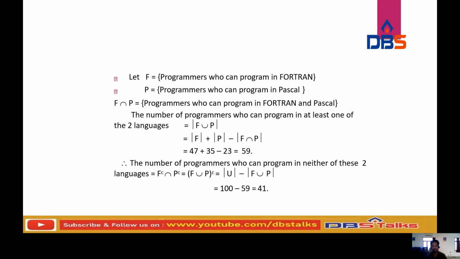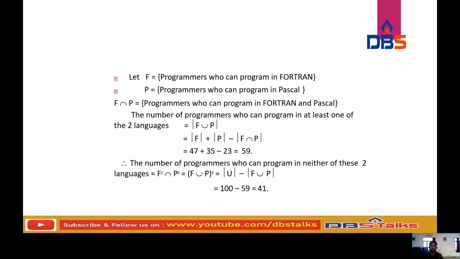Next, let F be the programmers who can program in Fortran, P the programmers who can program in Pascal, and F intersection P the programmers who can program in both Fortran and Pascal. So the number of programmers who can program in at least one of the two languages equals F union P, which equals F 47 plus P 35 minus F intersection P 23, that equals 59.